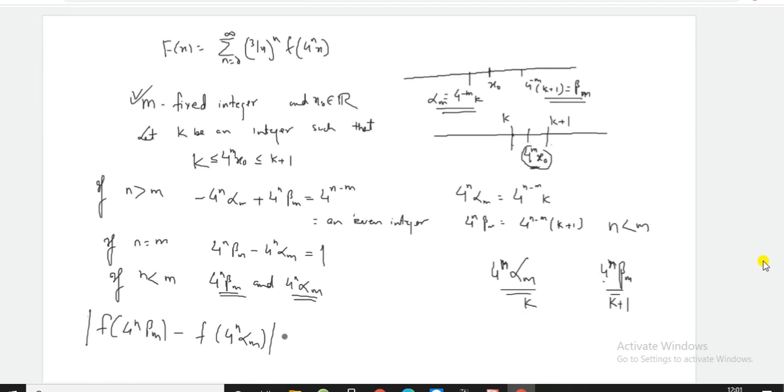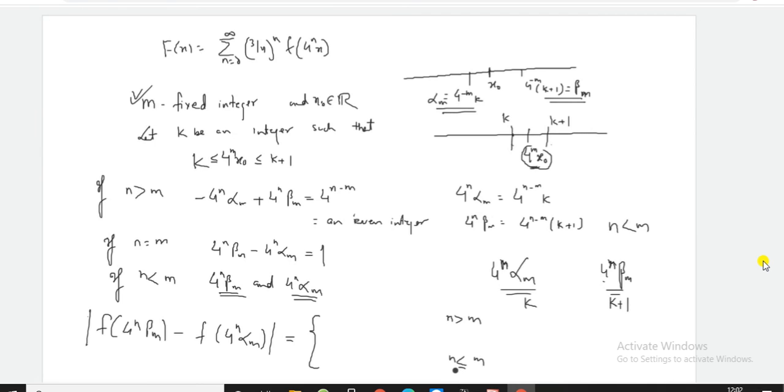So this difference is going to be, you just see, इनका डिफरेंस क्या होगा, 4 to the power n beta n and 4 to the power n alpha n. इनका डिफरेंस when n bigger than m and when n less than or equal to m.